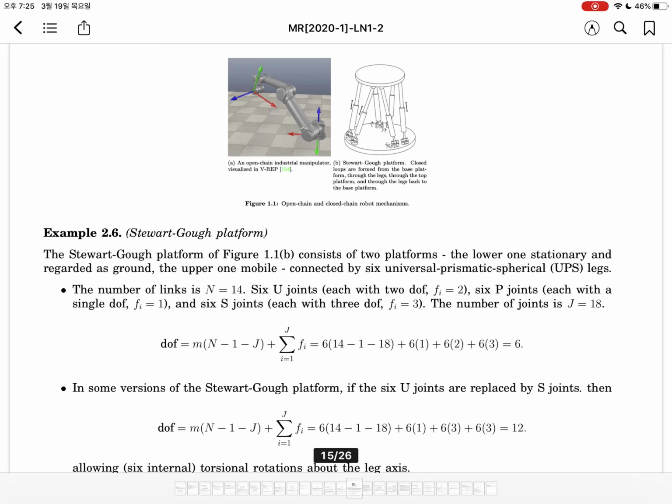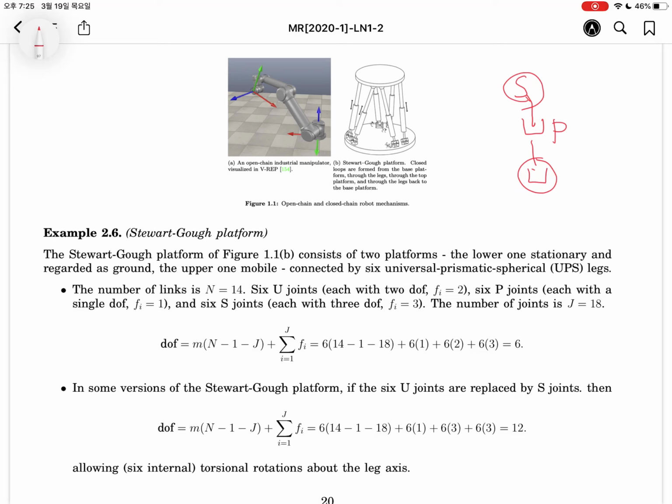Okay, let's move to the next example. Let's consider the Stewart platform. The leg has a prismatic joint, a universal joint and a spherical joint. So a UPS joint is used for each leg. Let's count the rigid bodies. Each leg has 2 bodies, 1, 2, 6 times, 12, 13, and 14.